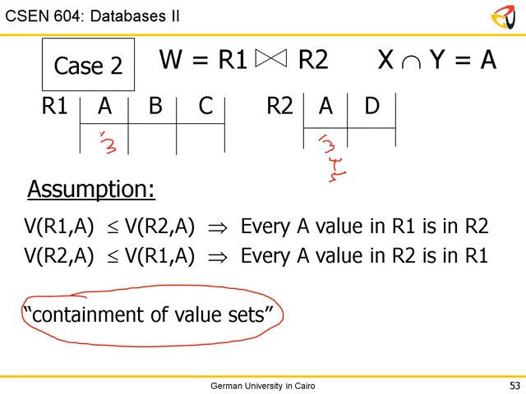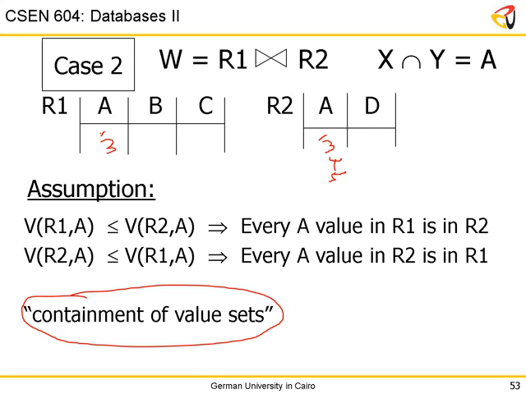If the number of unique values in column A in R1 is less than or equal to the number of unique values in R2, say I have 3 unique values here, and if this rule holds, then this could be 3 or 4 or 5. In other words, every value in R1.A must be in R2.A.